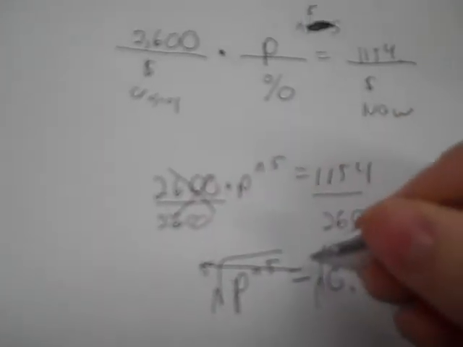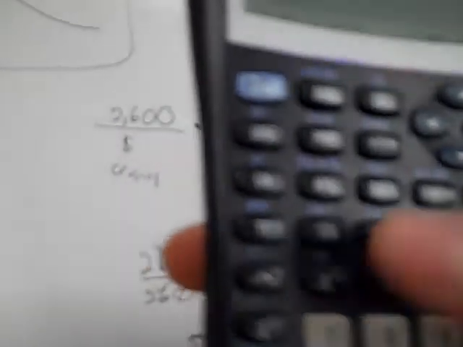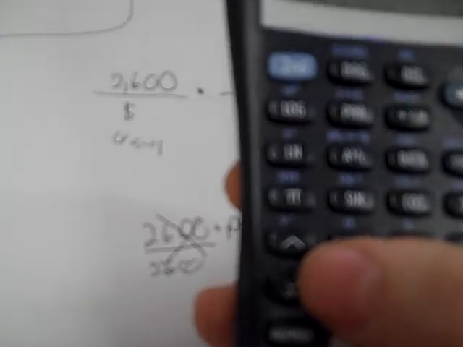Now I undo a power with a root, and it's got to be a 5. The 5th root can't be a square root. That's for second power. So 5 second, this key here opens up the root, and then 0.44. It can't be the x squared key, because then they'll think it's 5 times the square root. No, it's a 5th root.